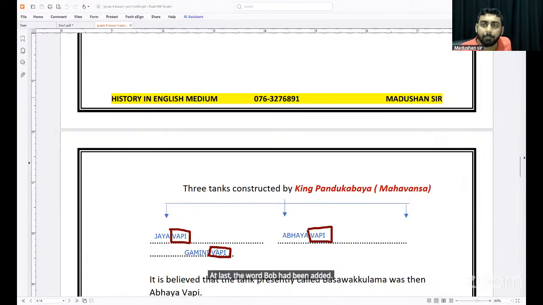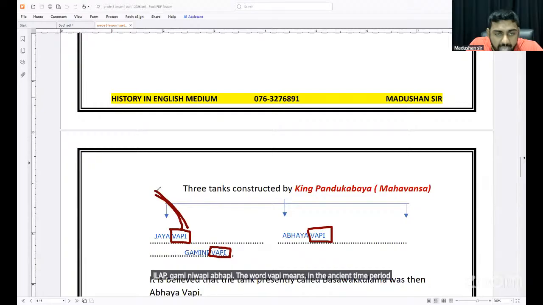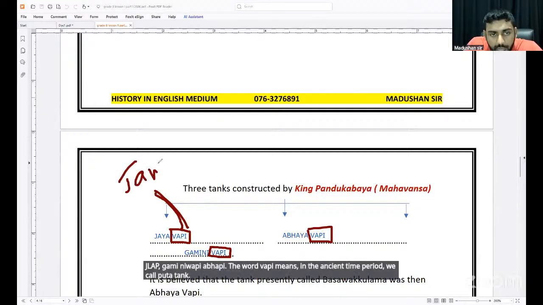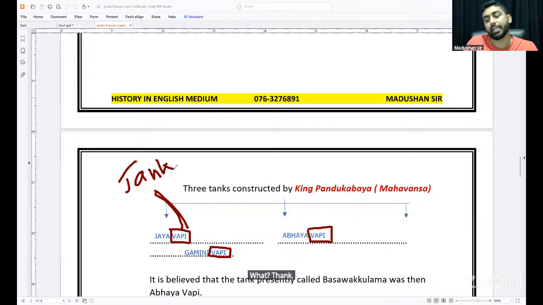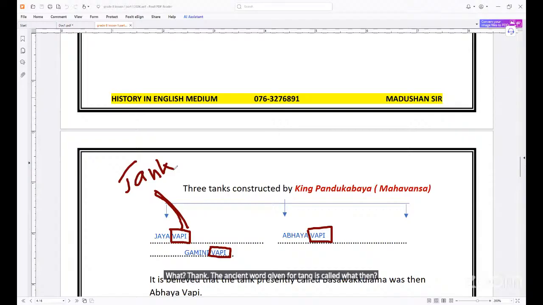Jayavapi, Gamini Vapi, Abhayavapi. The word Vapi means tank in the ancient time period. The ancient word given for tank is called what then? Vapi.